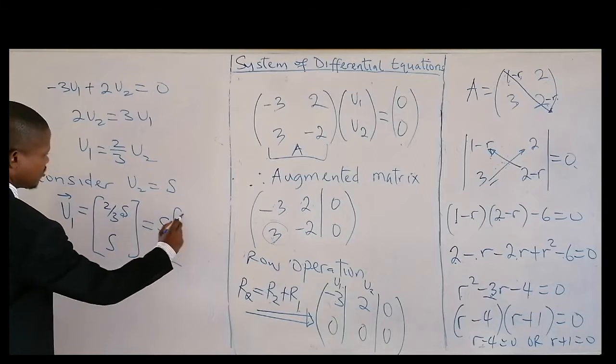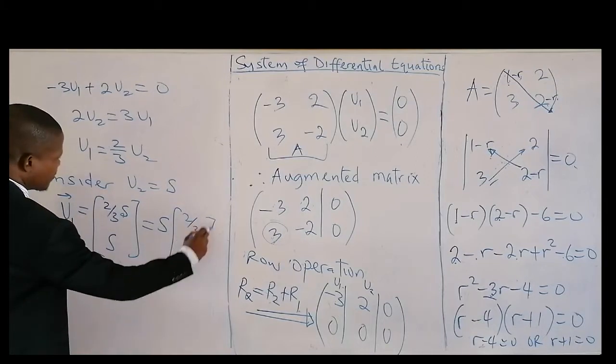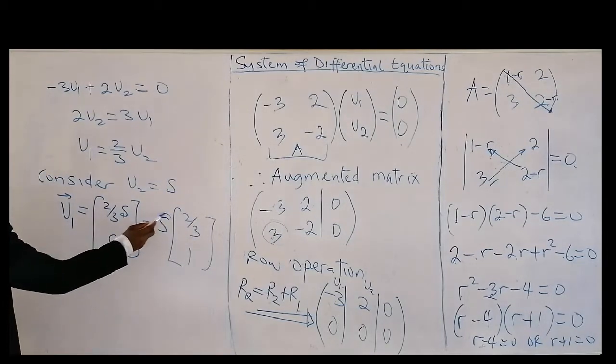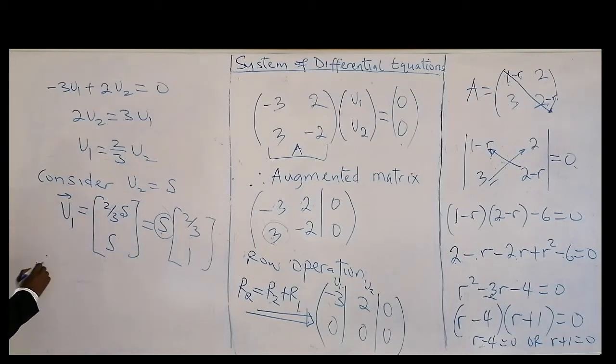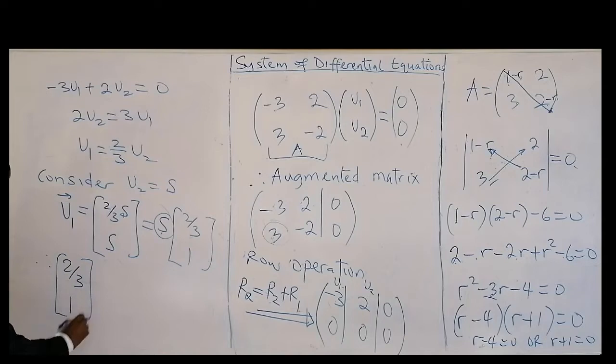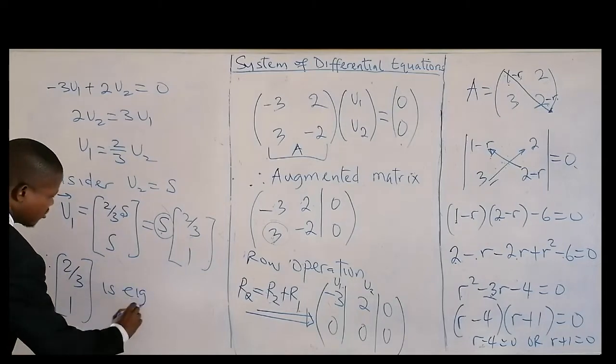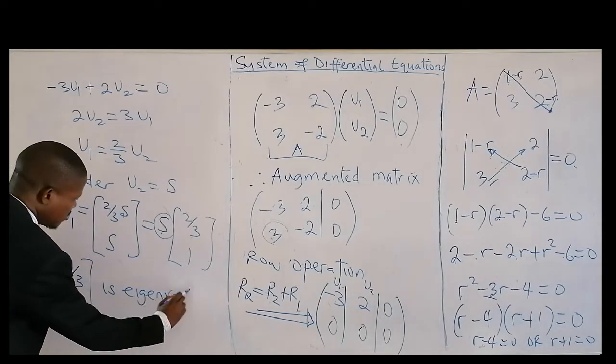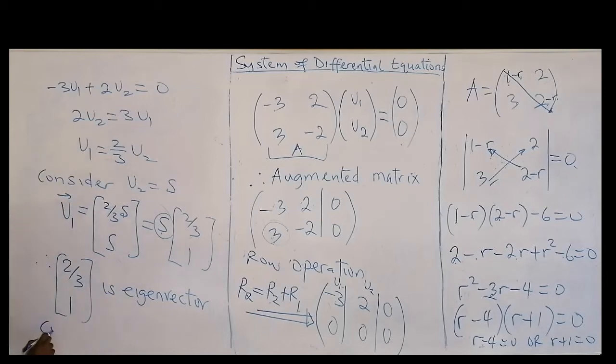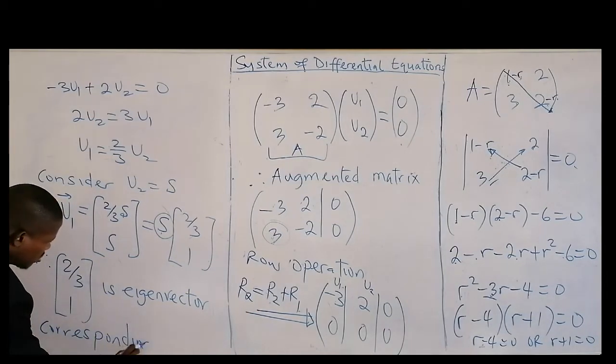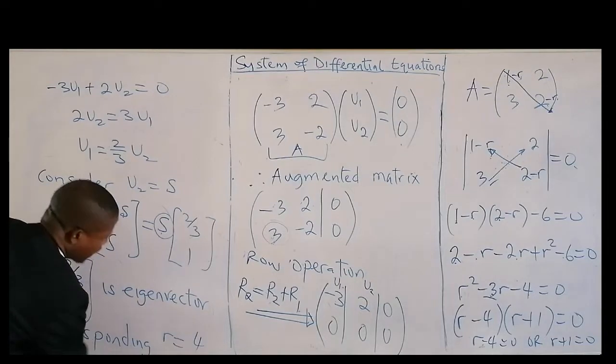You have 2 over 3 and then 1. So we take this one as 1. Therefore, this one is the eigenvector corresponding to r equal to 4.